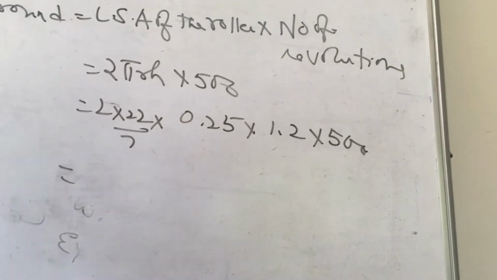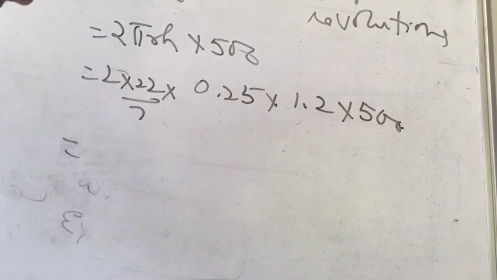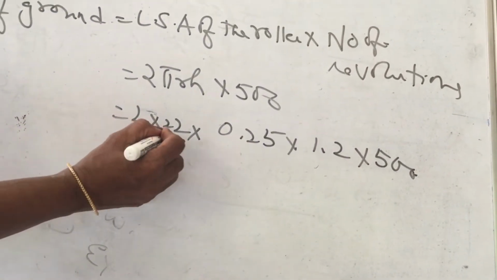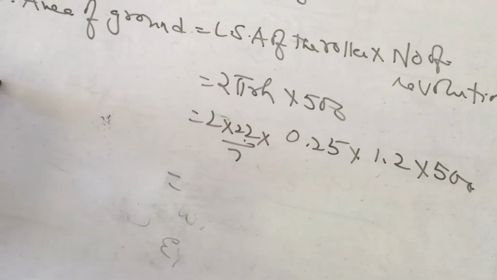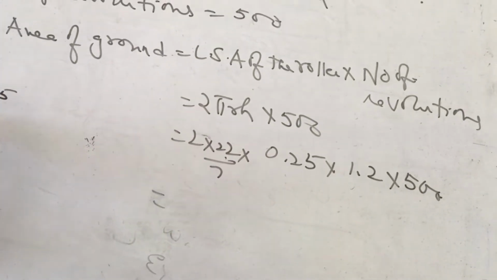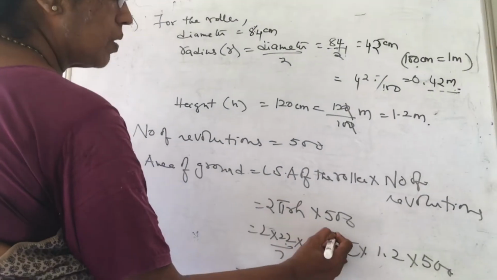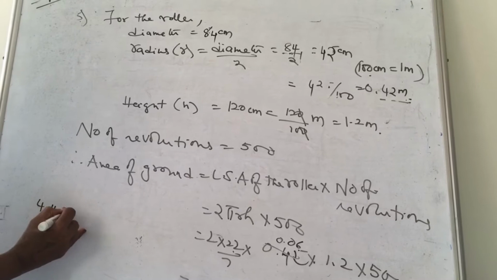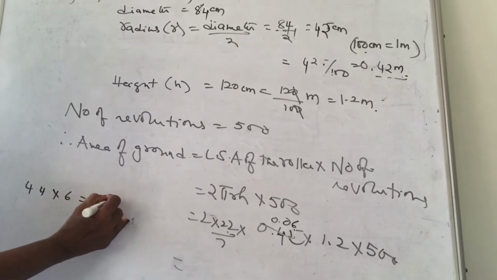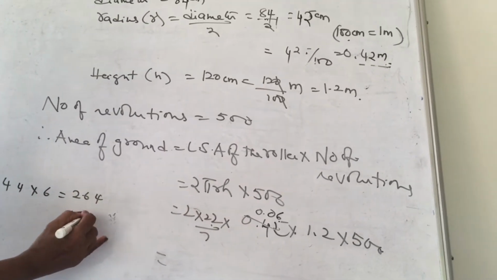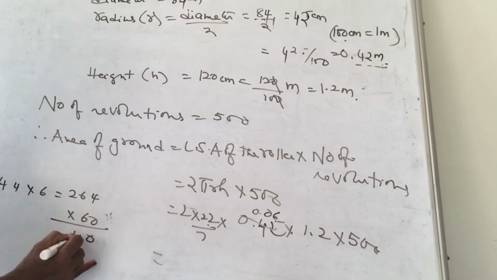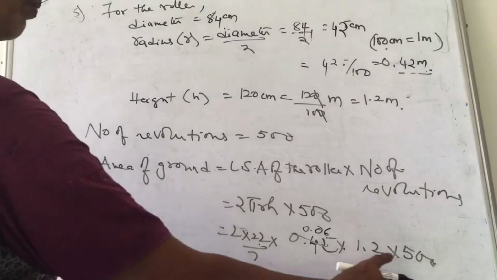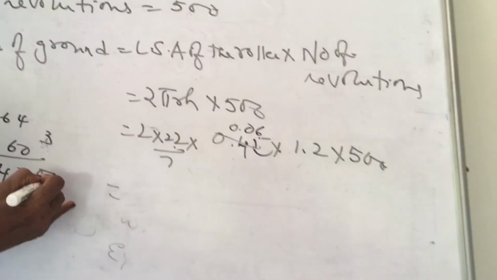7 cannot cancel, children. So multiply, children. 2 into 22, 44. 44 into 25. 7 divides 0.06 times 44 into 6, 264 into 16. That is how much, children? 158 followed by how many zeros? 2 zeros.